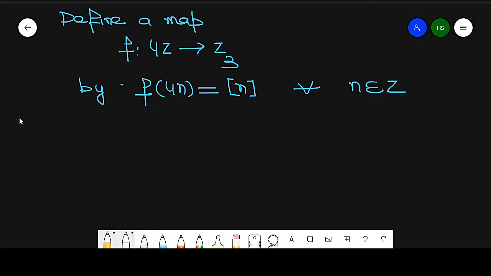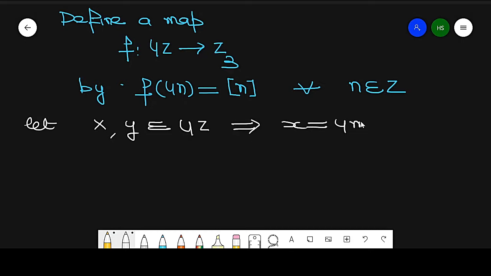Now first to prove it is a homomorphism. I take x and y, two elements belonging to 4Z. So it means x is equal to 4m and y is equal to 4n, where m and n belong to Z. So what is f of x plus y?